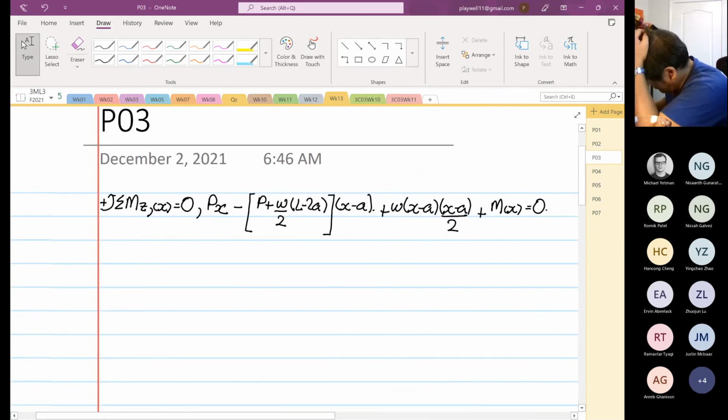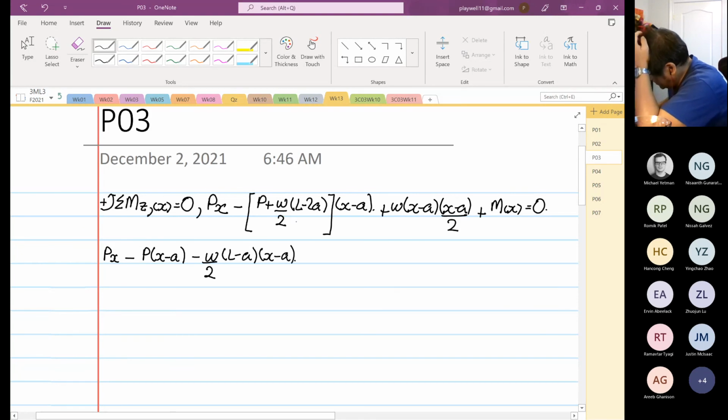So this is Px, minus P x minus a. So minus and plus is minus, so minus omega over 2 L minus a, x minus a. So that as I said, you have to be really, really careful over here.